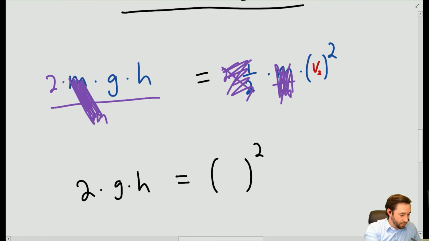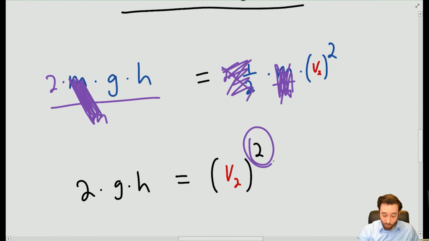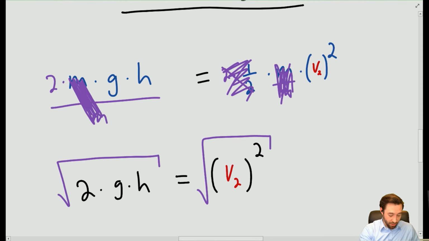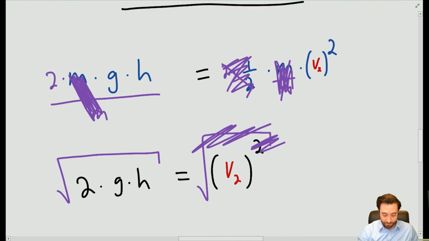Then, to get rid of the square, I take the square root of the entire side. If I do it on the right side, I do it over here. So the square root and the square cancel out.